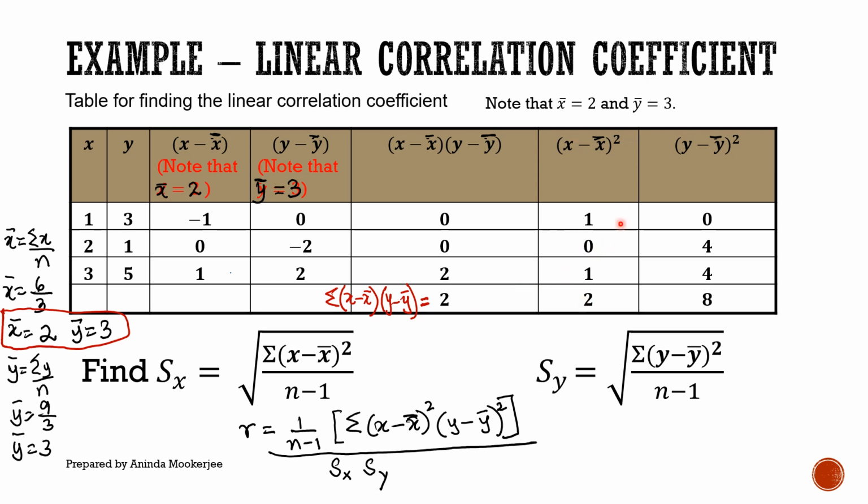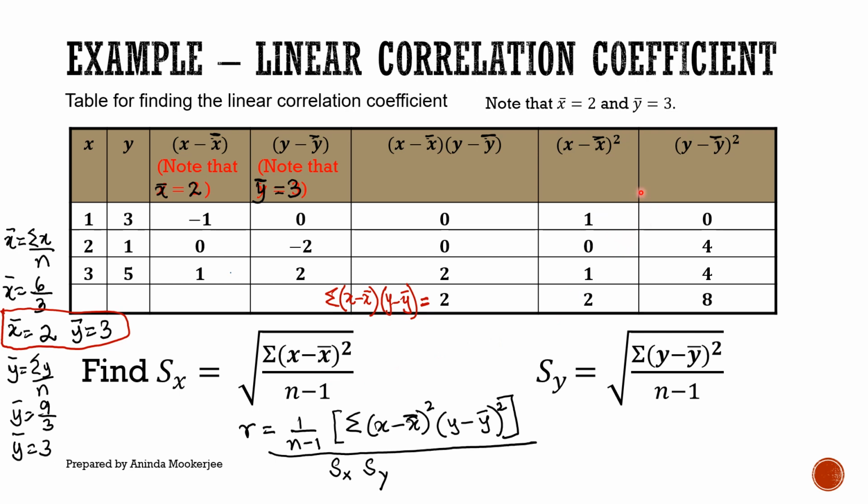Now, in this last but one column, we have x minus x bar squared. We need to find this in order to calculate the standard deviation for x, right? The standard deviation formula has sigma x minus x bar squared. So if we can find x minus x bar squared individually and then sum them up, we will have the numerator value for this s sub x.